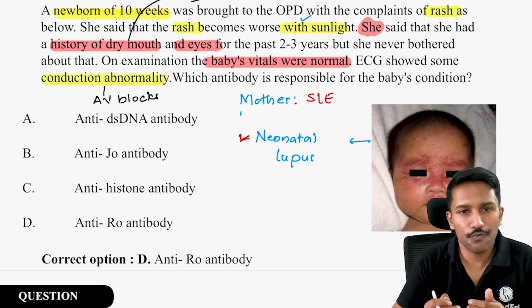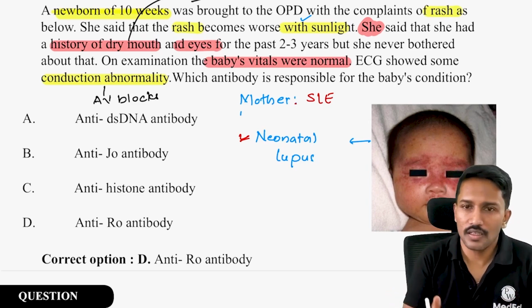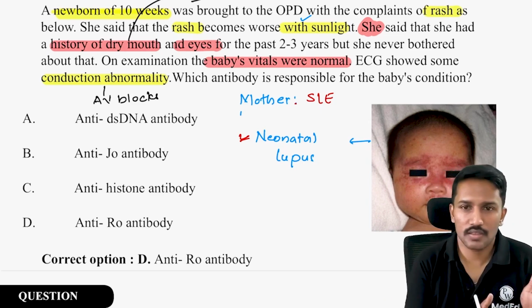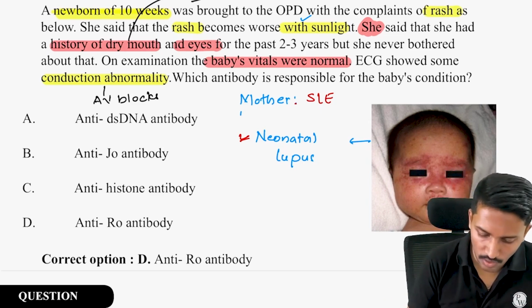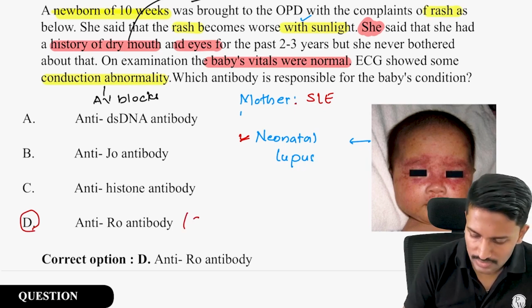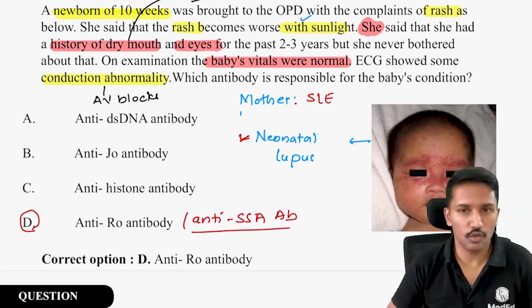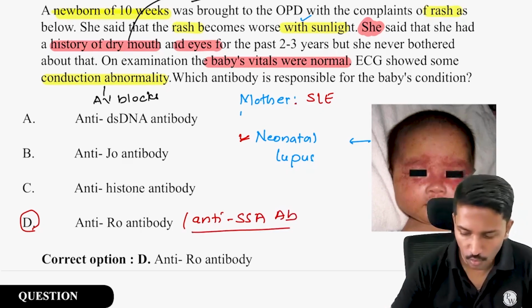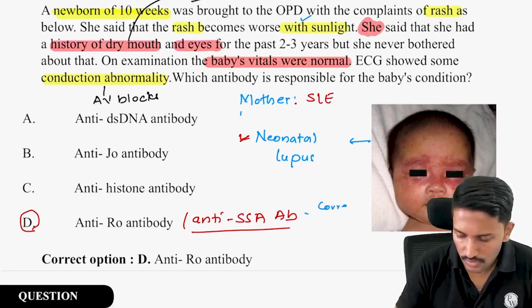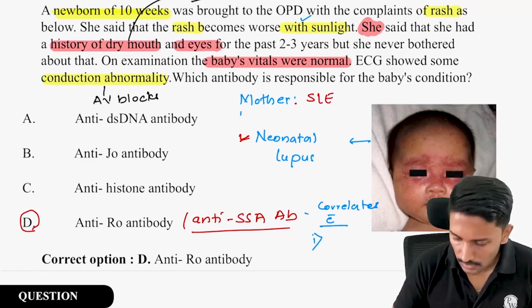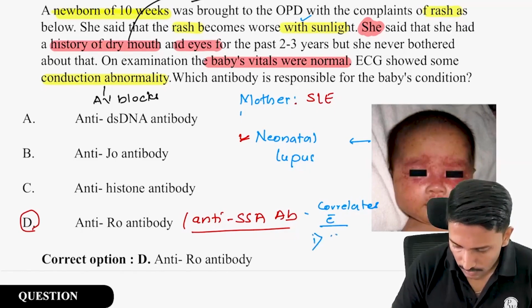Now the question is, which antibody correlates with the risk of neonatal lupus, right? So those mothers who have SLE and carry this anti-Ro antibody, which is also known as anti-SSA antibody, carry the high risk of developing lupus, and this antibody correlates with not only the risk of neonatal lupus, it also correlates with the risk of developing the subacute form.